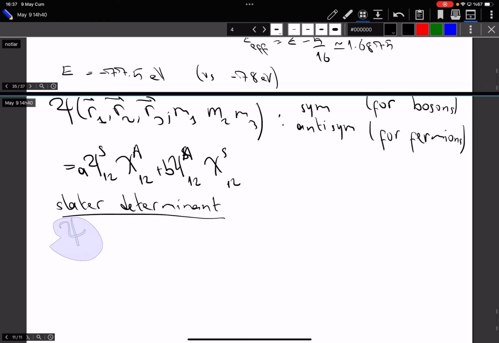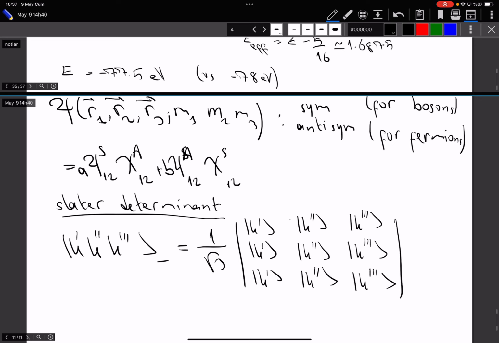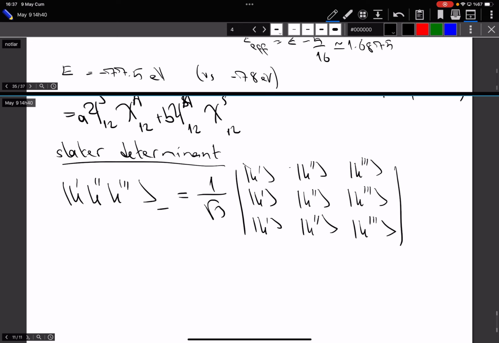For example, if you want to write k prime, k double prime, k triple prime, completely anti-symmetric combination, this will be 1 over square root of 3 factorial, this determinant. Well, when evaluating this determinant, just imagine you multiply these 3. Now this is 1 over square root of 6.